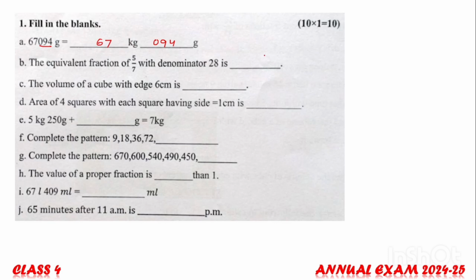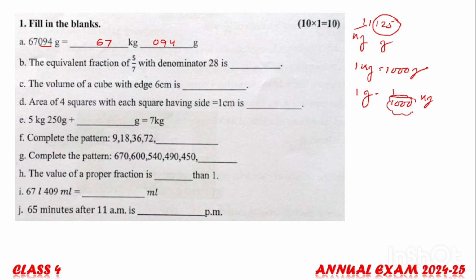Suppose the question is 11125, we write 125 in the gram place, and the remaining is kg. All of you understand? Now actually how is this possible? We know 1 kg is equal to 1000 gram and 1 gram equals 1 by 1000 kg. That's why we write 3 digits in the gram place.